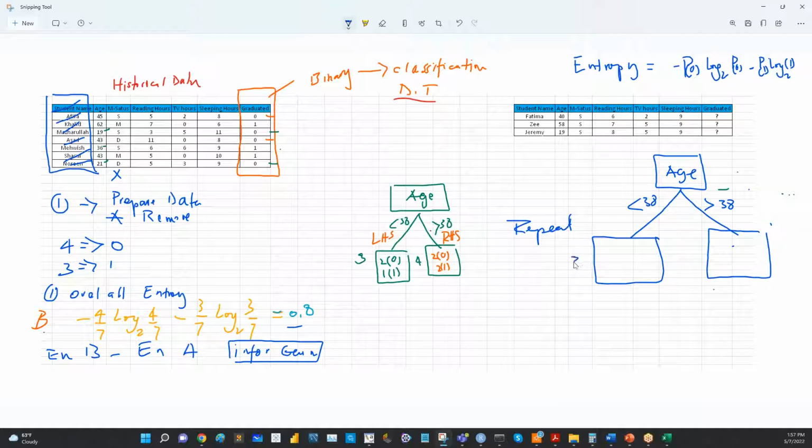We got 3 on the left hand side and 4 on the right hand side. And of course we got 2 zeros and 1 one on the left, and 2 ones and 2 zeros on the right. Okay, and now we are going to repeat the process.